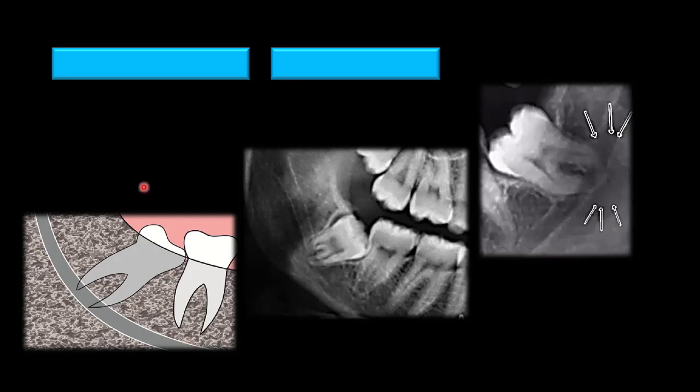Darkening of the root. In some articles, it's called illumination of roots. This is when the part of the tooth that the canal is superimposed on is more radiolucent, or darker.